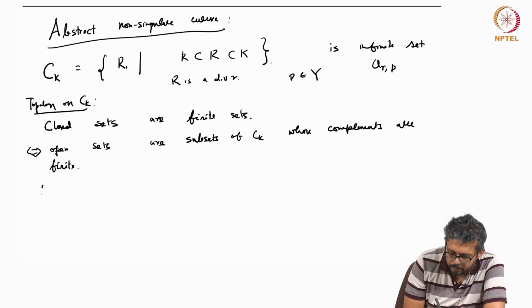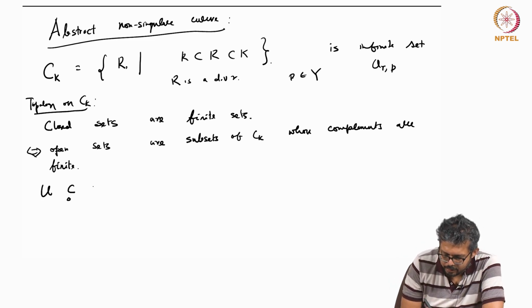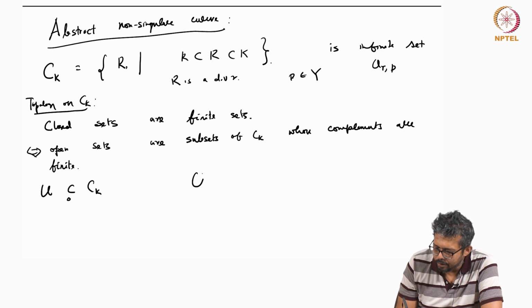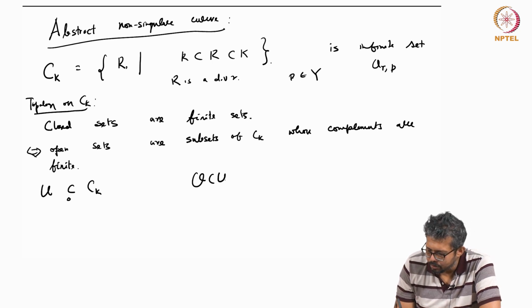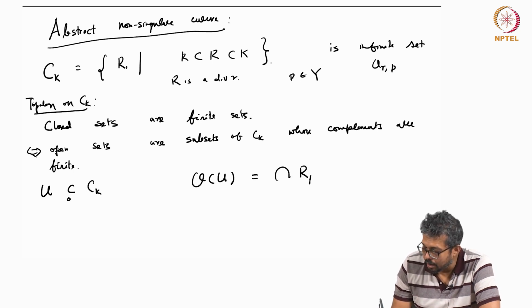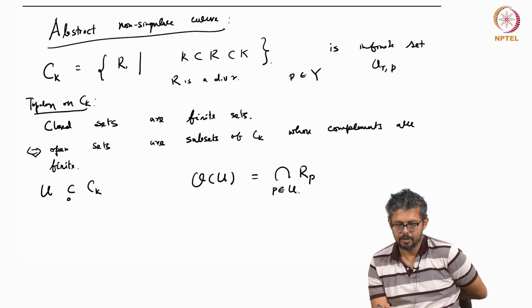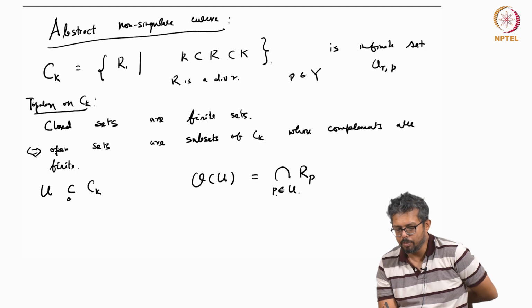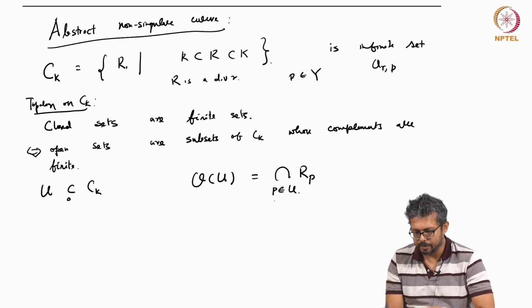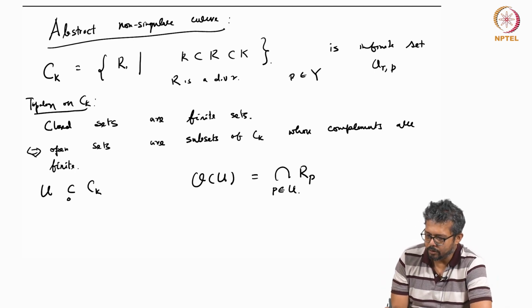Now, if you take such an open subset U, you define O of U. For any open subset U, you define O(U) to be the intersection of the DVRs, all of which are subsets of K, so the intersection makes sense, over P belonging to U. Here P is the indexing set: every point corresponds to a DVR, a local ring.